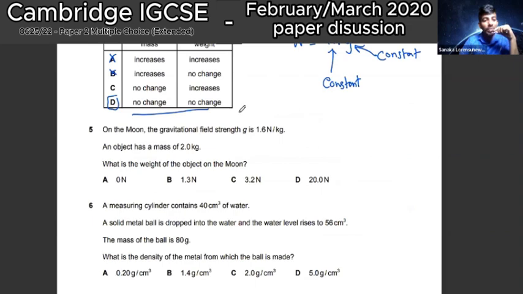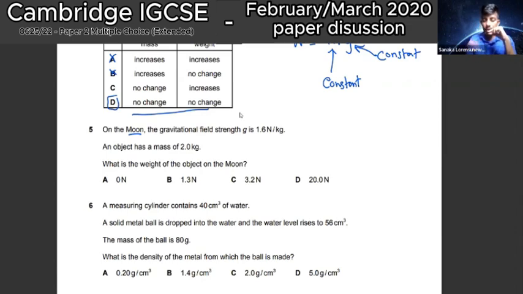Let's move to the fifth question. Question number 5. On the moon, the gravitational field strength, same as the gravitational acceleration, simple g, is 1.6 newtons per kilogram. The moon's gravitational field strength is different compared to our Earth.